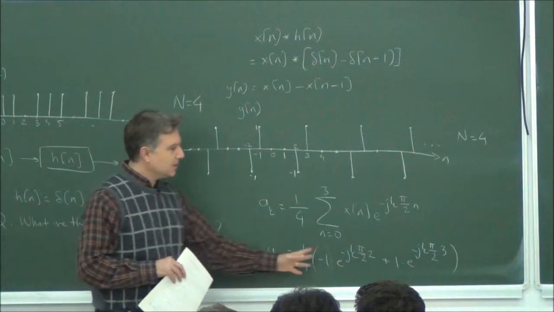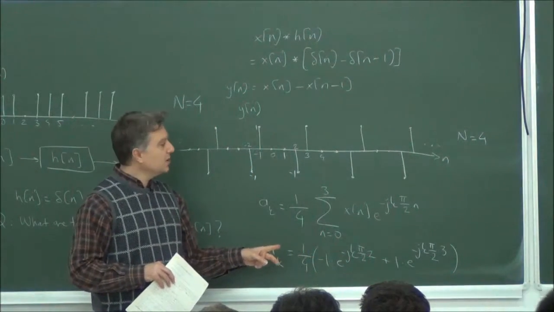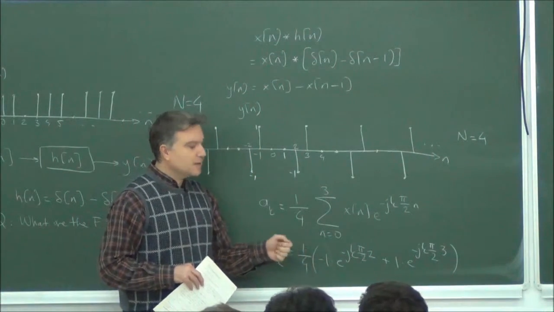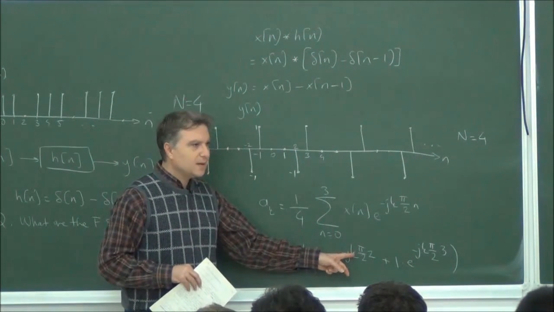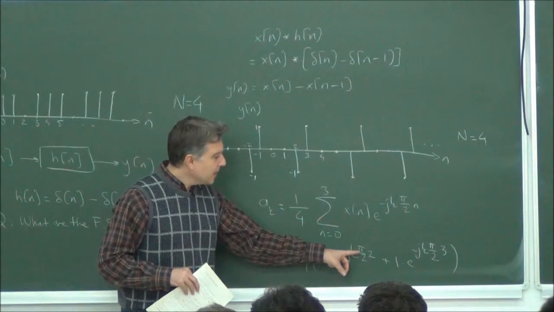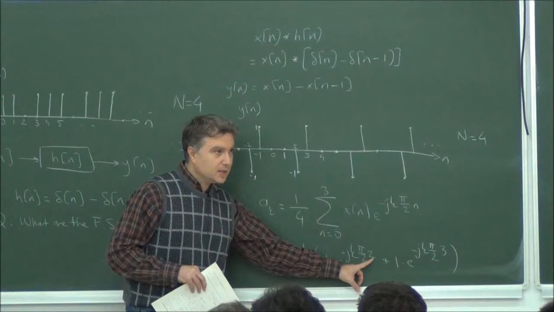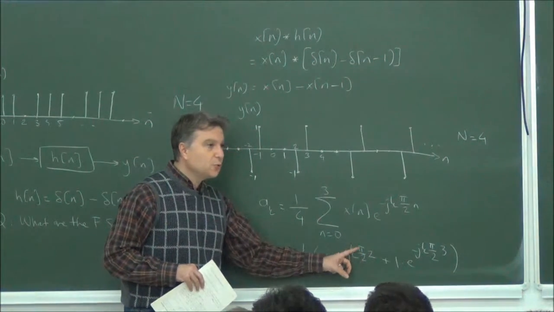So please check this. And also please check that the whole expression is periodic with 4 in the period index. For example, k is multiplying some integer, here in this case it is 2, times pi over 2, which is 2 pi over 4.